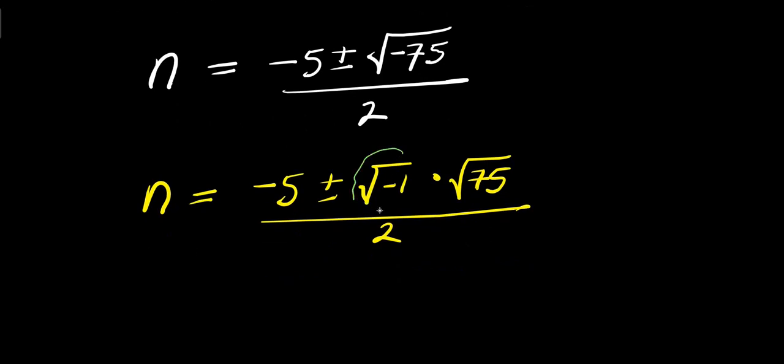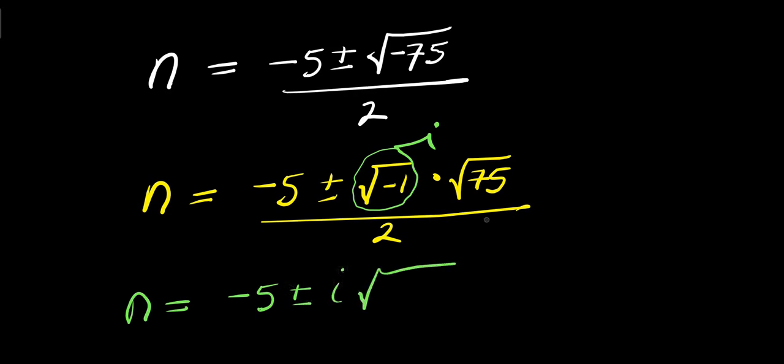So we have square root of negative 1 here, which is i. We have n equals negative 5 plus or minus i times square root of 75. 75 is 25 times 3, divided by 2.